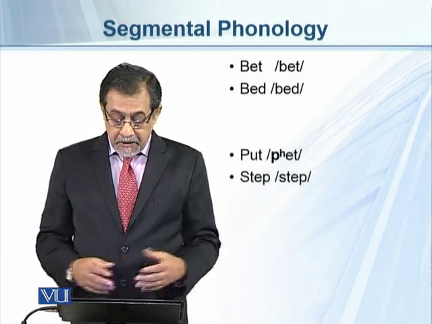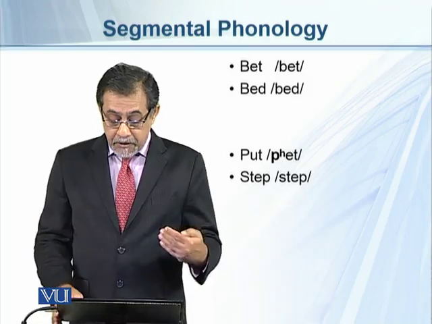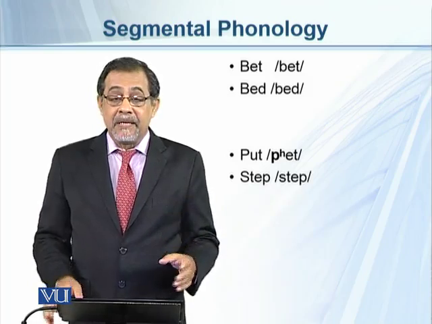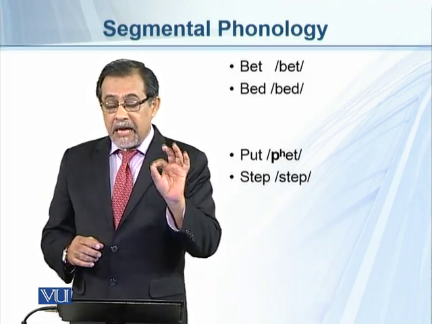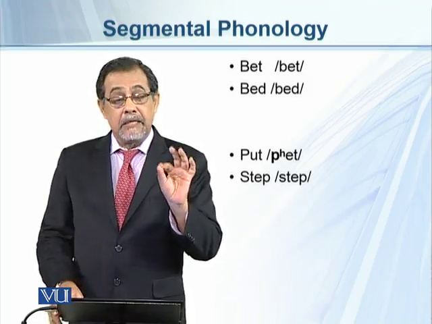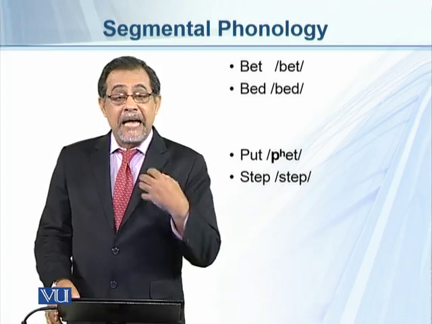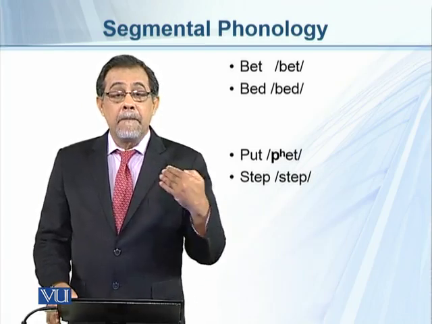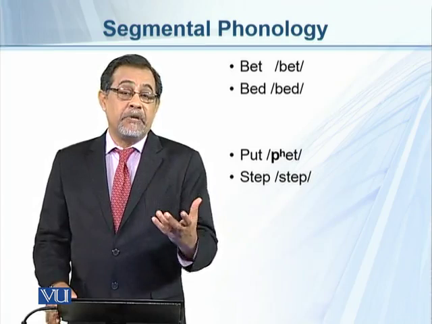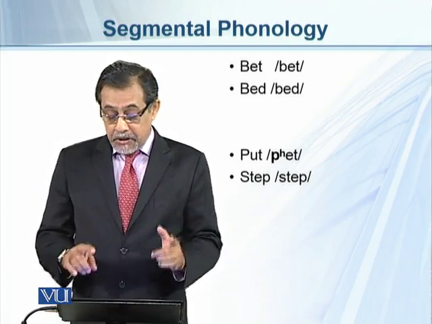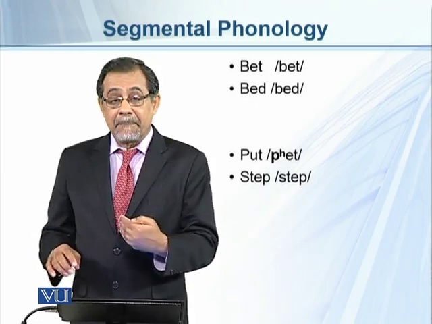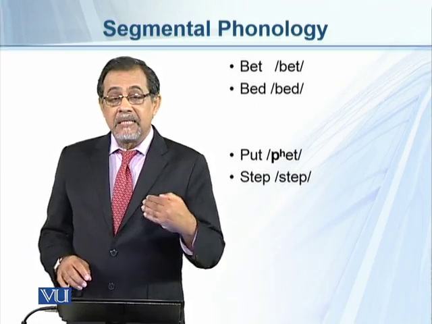Similarly, if we take put and step, when I say put, you see that the sound of the letter p is aspirated. I pronounce it put, p. It's an aspirated sound. But when I come to the word step, I pronounce it t, p.